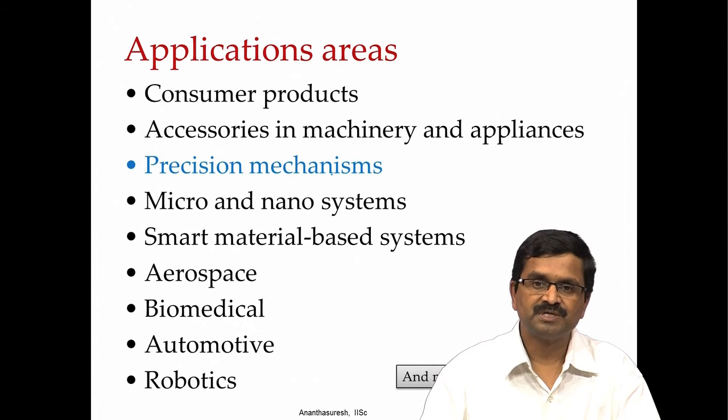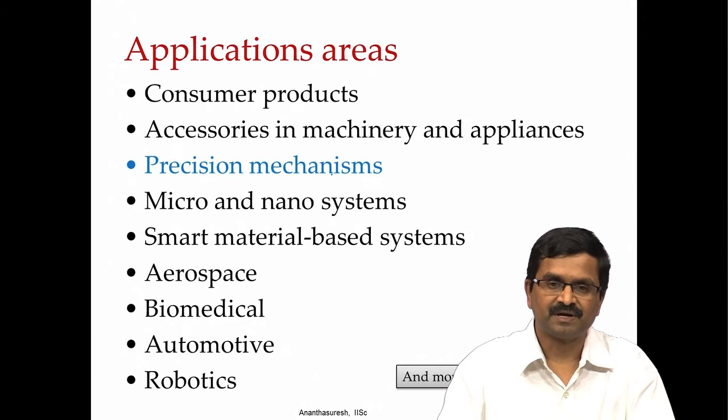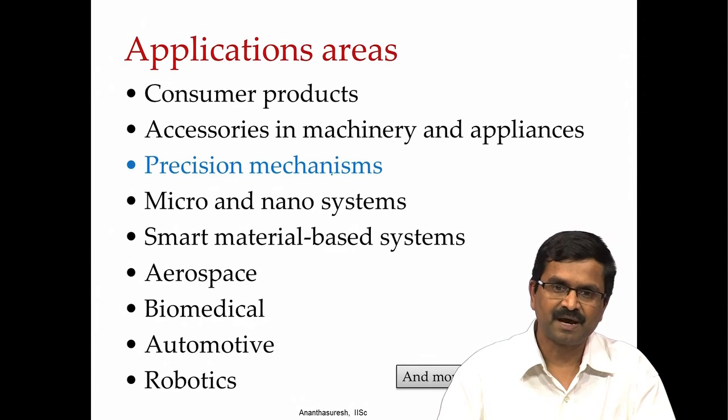If you use rigid body linkages, it will be very difficult to do, because they have friction and they also have backlash, which we had discussed in the first lecture. So, friction and backlash are not problems that are associated with compliant mechanisms, because there are no rubbing parts and there is no lag time for engaging something.